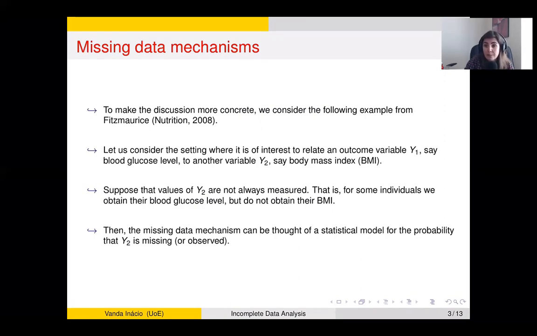This is an example of a univariate pattern. We have two variables, only one of the variables has missing values, the BMI variable, and in this context we can think about the missing data mechanism as a model for the probability that the BMI is missing.